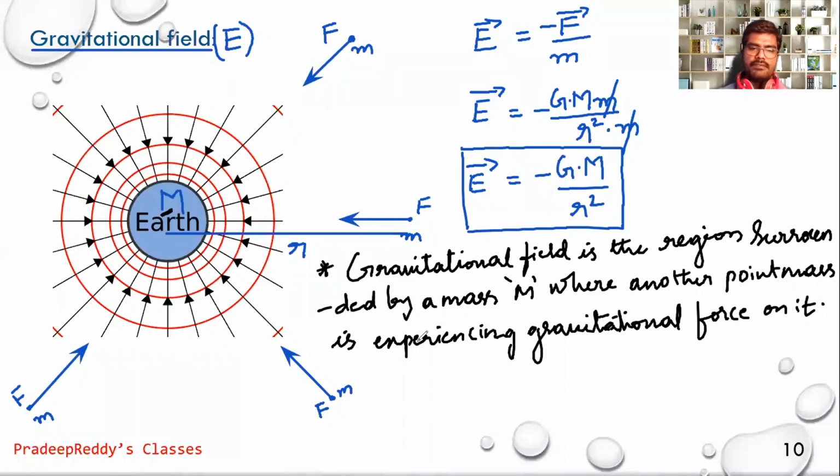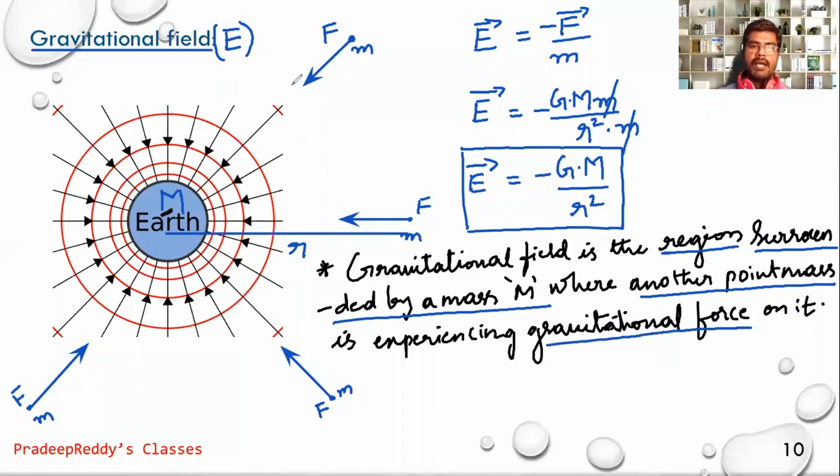So it is the region surrounded by a mass capital M. Now see, this is the region where it is marked with circles. It is the region surrounded by capital M mass, where another point mass is experiencing gravitational force upon itself.